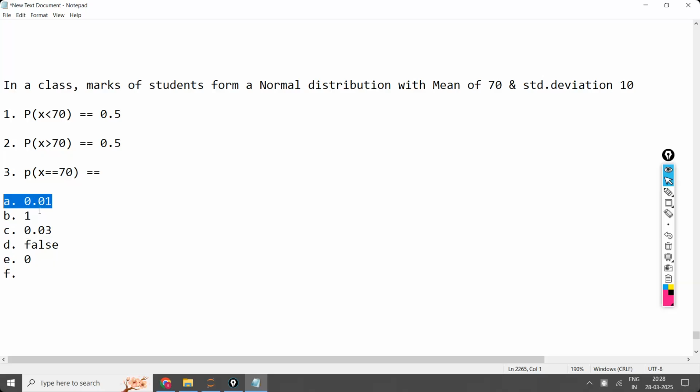On what criteria? How did you calculate? 1 by 100. Why 1 by 100? Why?